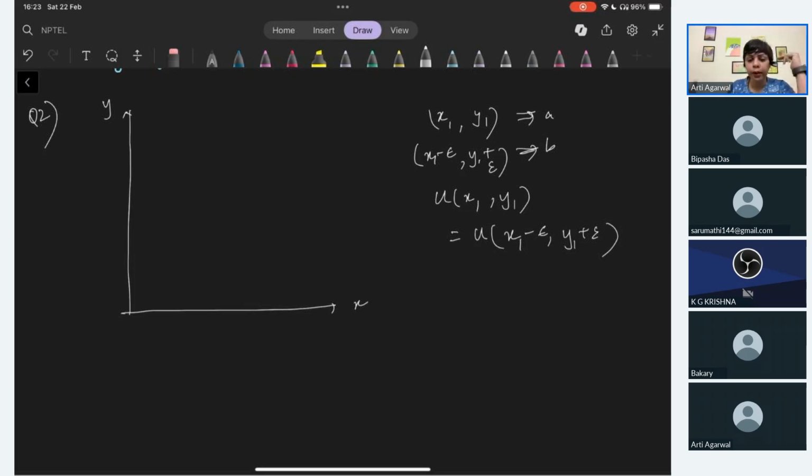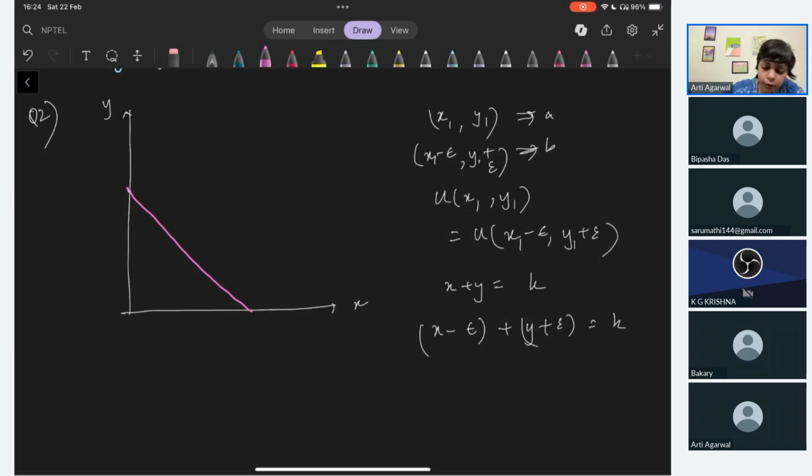Now, mathematically speaking, if you have an equation like x plus y is equal to k, and you write x minus epsilon and y plus epsilon, you still get k, because minus and plus cancel. So you can say that the preference relation is going to be a straight line with a slope of -1.